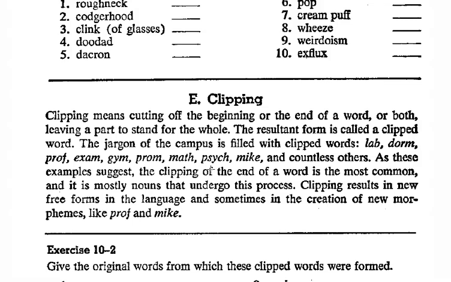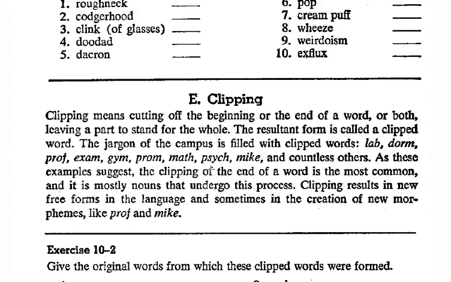Now, let's go to the 5th word formation process here. It's clipping, and clipping means to cut, to clip something, to cut it. And when we cut something, we have 3 possibilities.